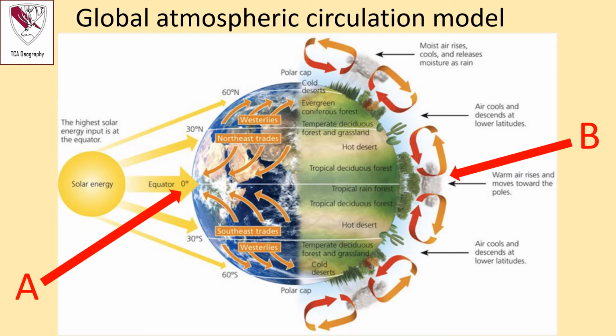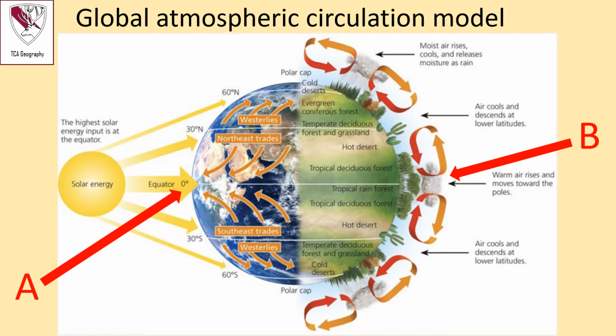So here's a diagram of the global atmospheric circulation model to remind you. So we did this a couple of months ago, and at point A on this diagram you can see that it's around the equator where the highest solar energy input is received, and at point B, it's the same place because this is on the equator.